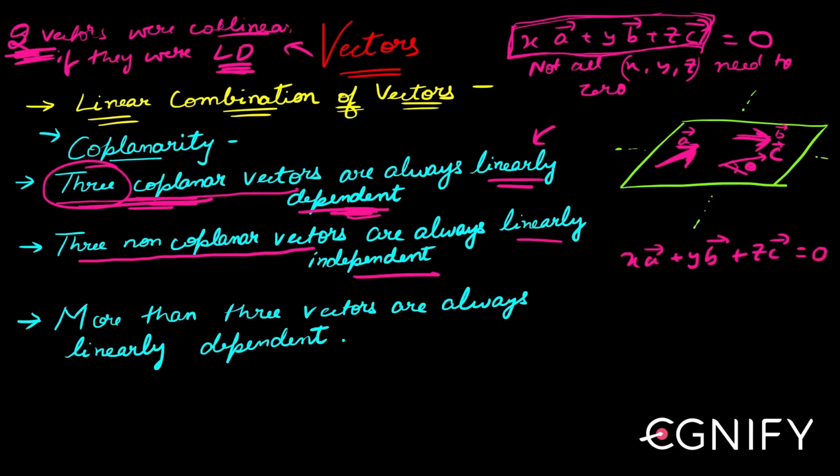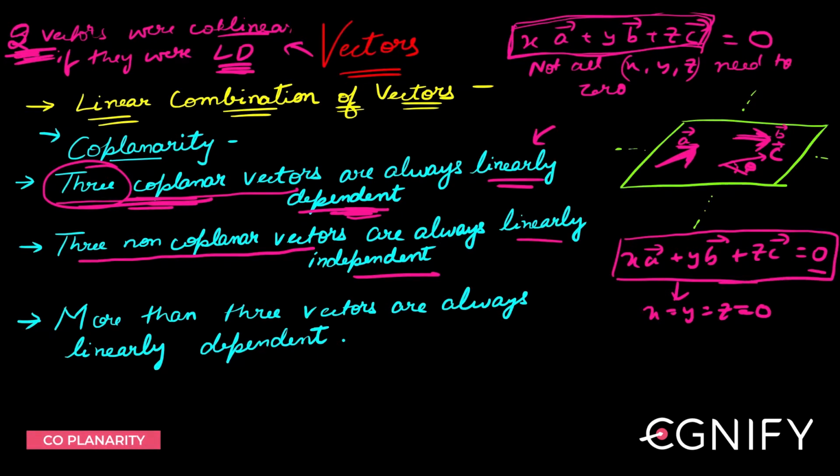Can somebody say? What will happen is, this combination can be 0 only when x = y = z = 0. For no other combination of x, y, z can this expression be 0, if a, b and c are not in the same plane, right? That means they have to be linearly independent.